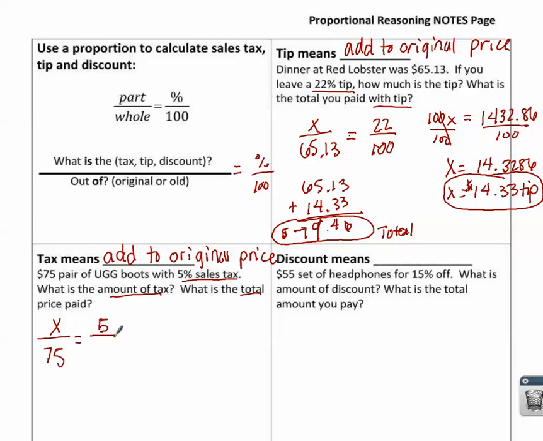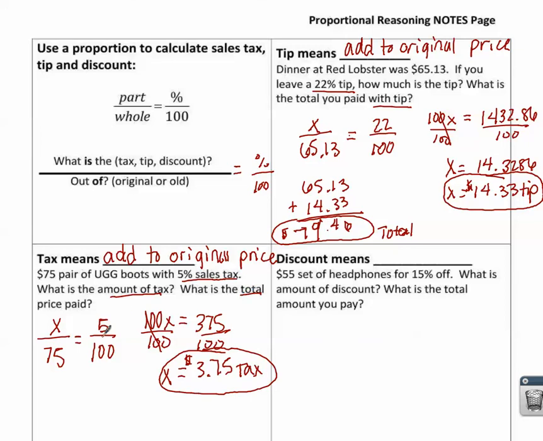My percent is 5, and that's out of 100. So here you're going to cross multiply or use the butterfly method. So you get 100 times X, which is 100X. 75 times 5, which is 375. Here's your equation. Divide each side by 100, and you get X equals $3.75. This is how much tax you have on these boots.